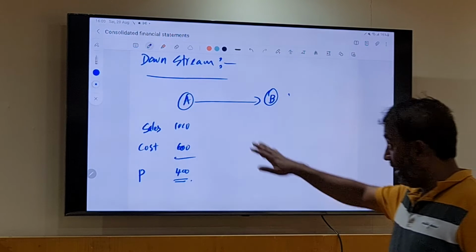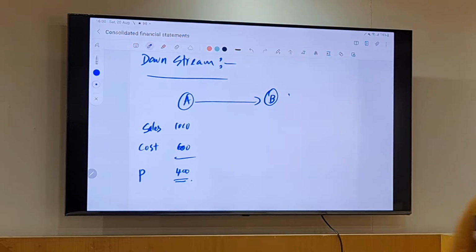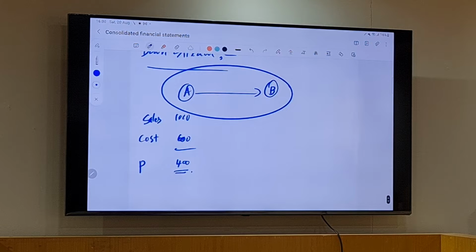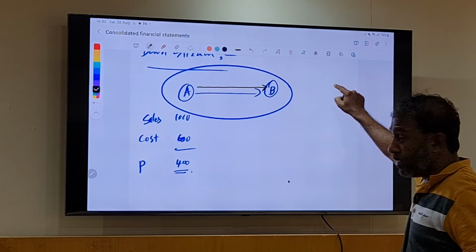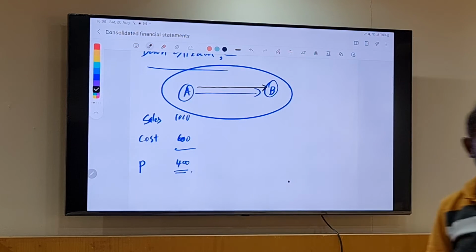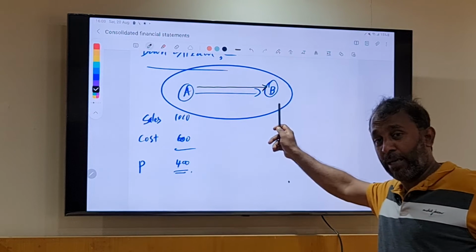Now A sold these goods to B, and we know that these two are a group. So when I am selling items here, has the item gone out of this circle? No. Correct? So now, this profit A is making, from whom? B. Same group.